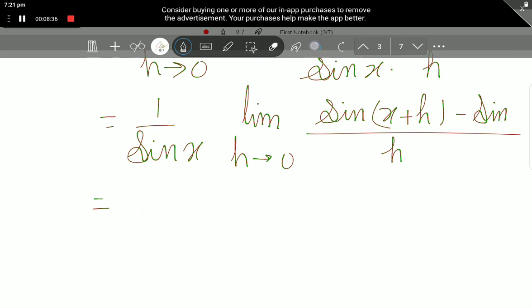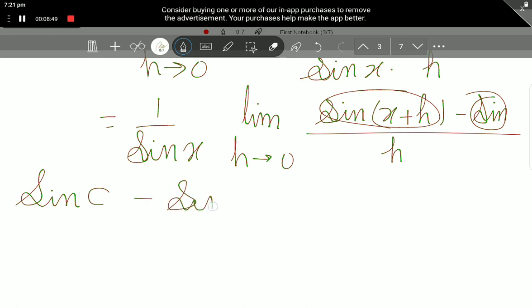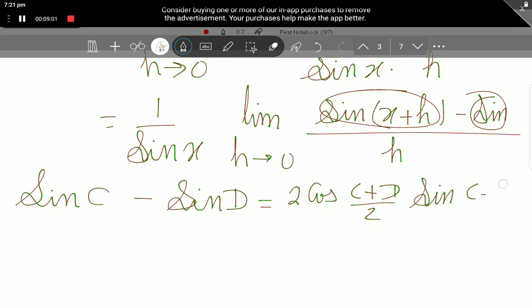Instead of writing that, we know the result about sin c minus sin d. Sin c minus sin d equal to 2 cos of c plus d by 2 into sin of c minus d by 2.